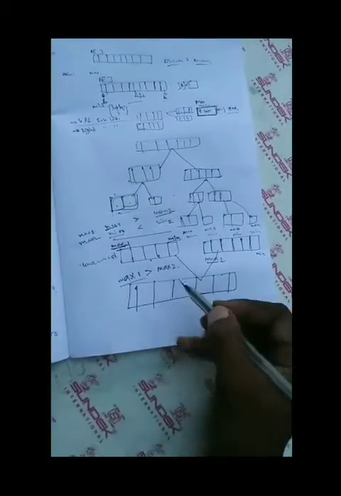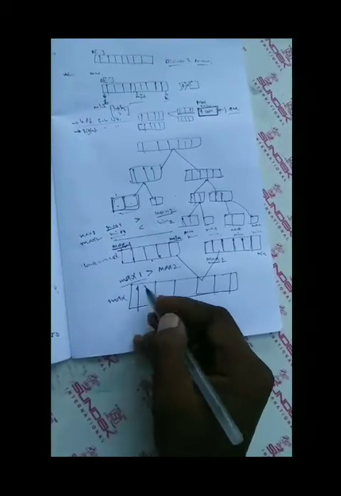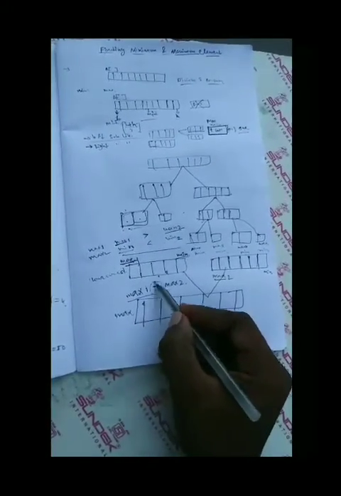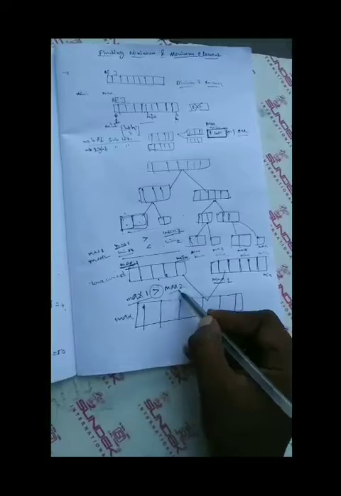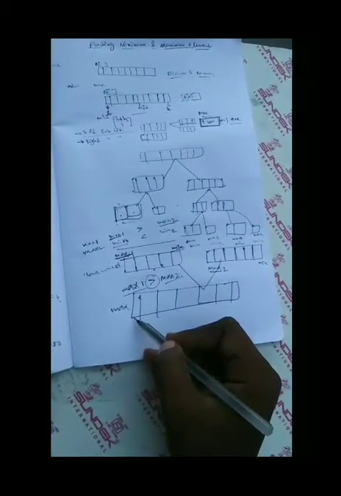If max 1 is greater than max 2, then max 1 will be returned as the maximum element of the list. If it is not greater, then max 2 is returned as the maximum element for the final list.